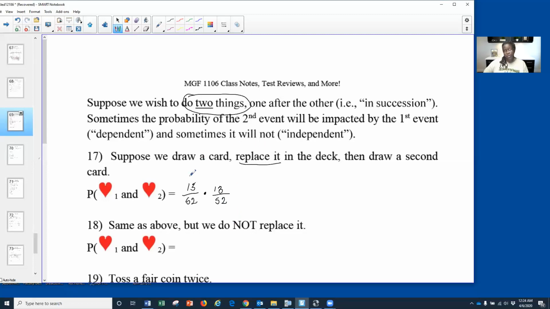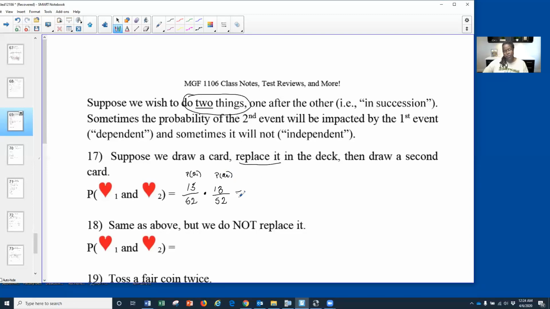So now here's the probability of the first event times the probability of the second event. So probability of Q1 and probability of Q2, the first event and the second event.